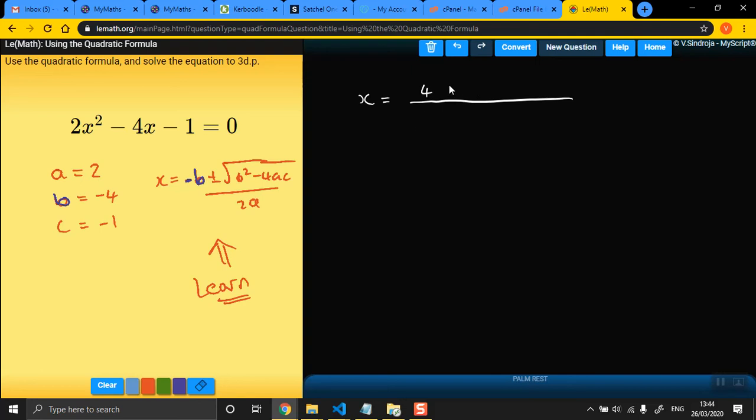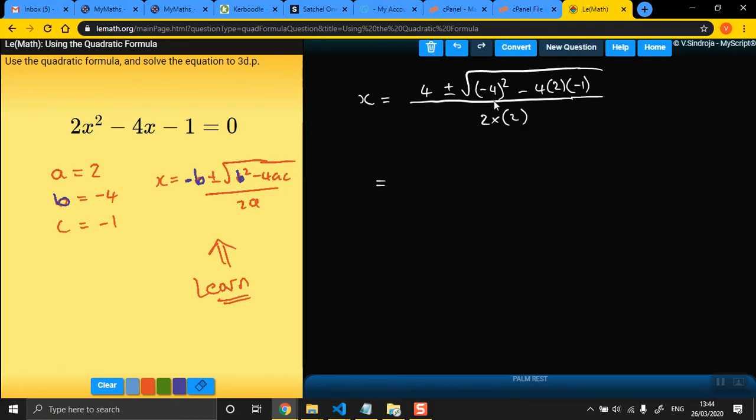Plus or minus the square root of b squared, so that's going to be minus 4 squared. Just remember, if you're squaring a negative, make sure you write it in a bracket. So minus 4 squared, take away 4 times a, now a is 2, times c, which is minus 1. And the whole thing is being divided by 2 times a, which is 2 times 2.